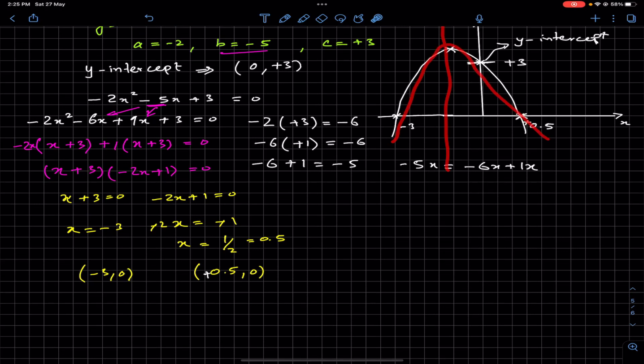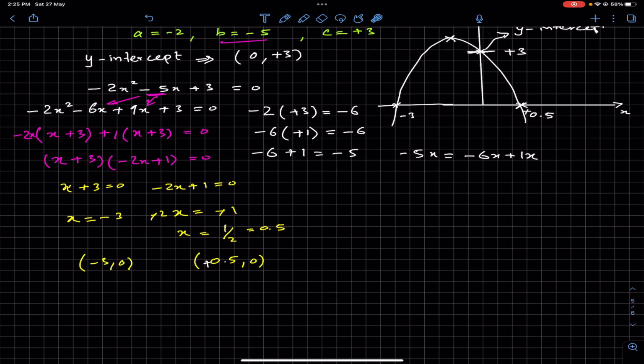If this is symmetrical, then that maximum point or symmetry line will lie between these two points. That x value will be equal to the sum of both of these roots divided by 2, since it will lie between both of these 2 points.